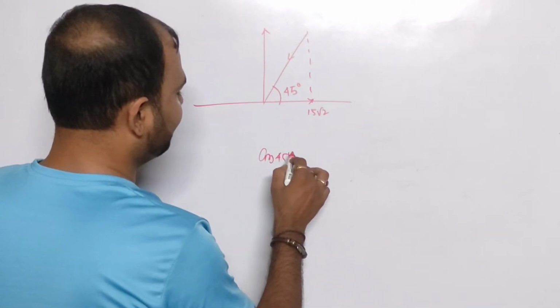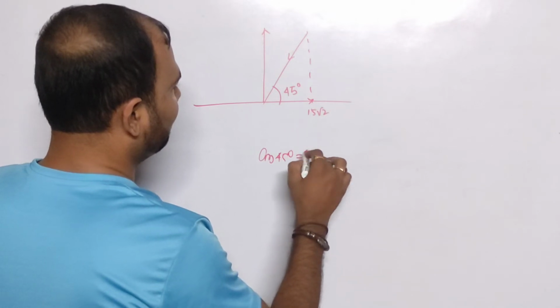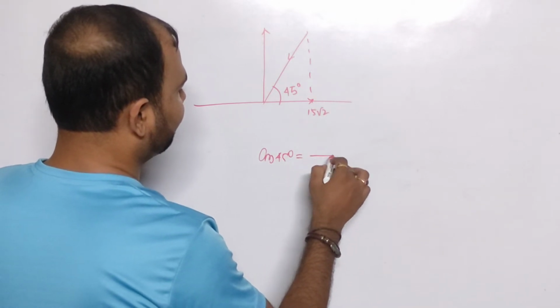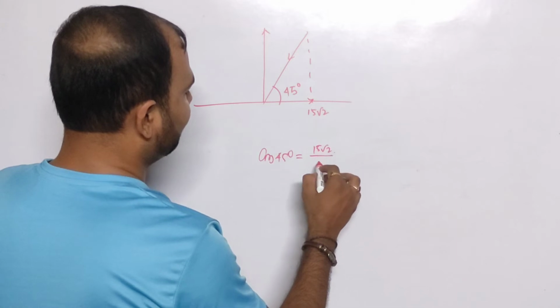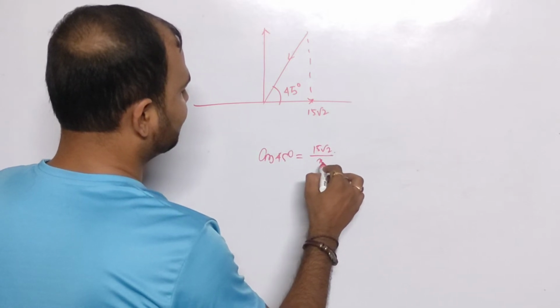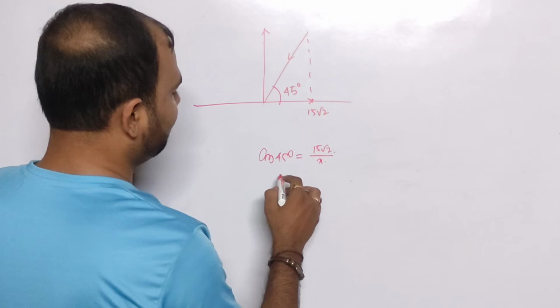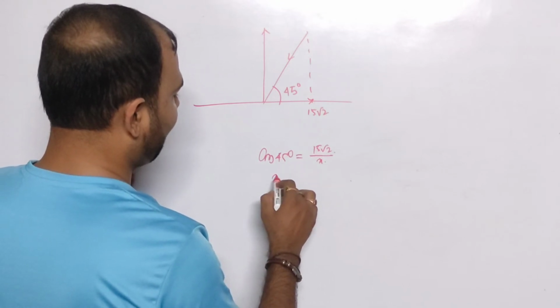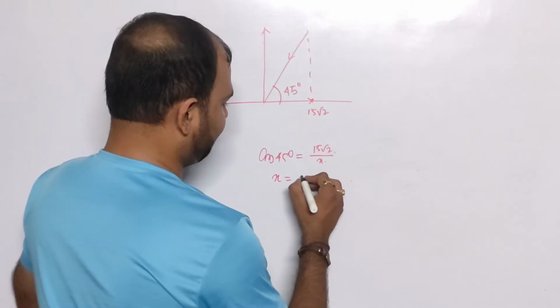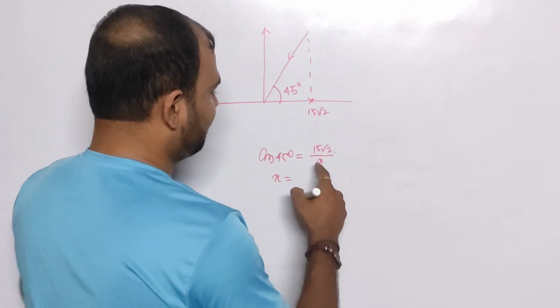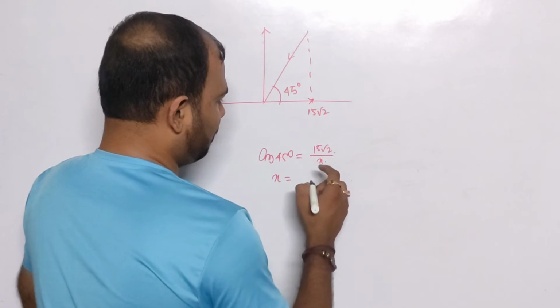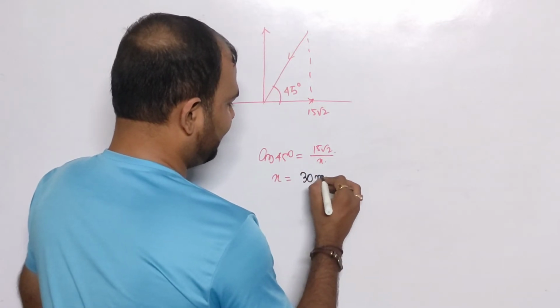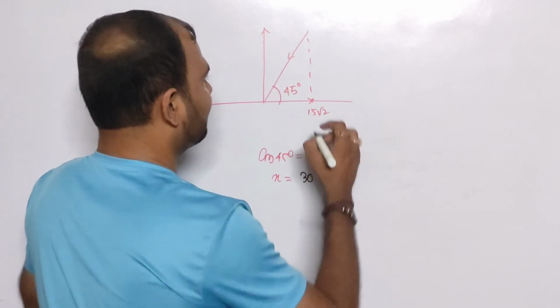Cos 45 degree equal to 15√2 by hypotenuse. X equal to 1 by √2, that is 30 km/h. It is 30.